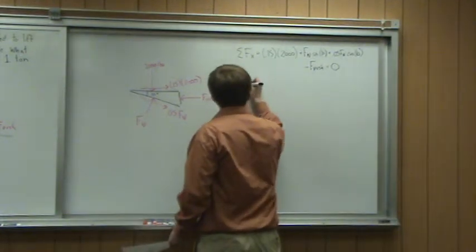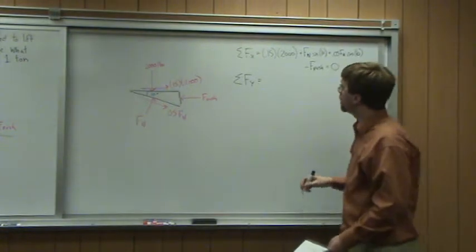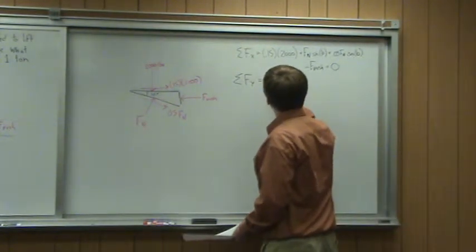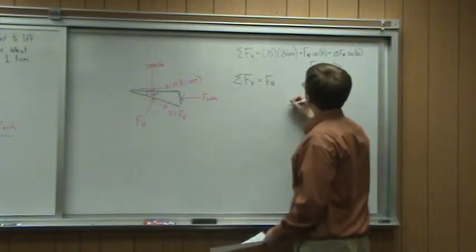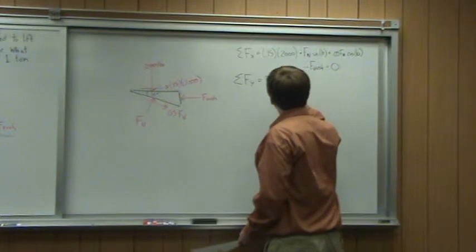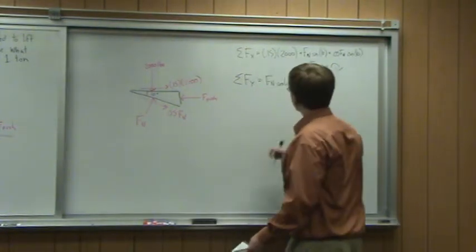Now I move on to sum of forces in the y direction. So in the y direction, I'm going to have Fn times the cosine of 10 degrees. That's the vertical component of my normal force.